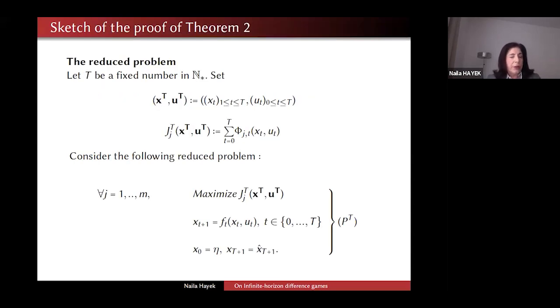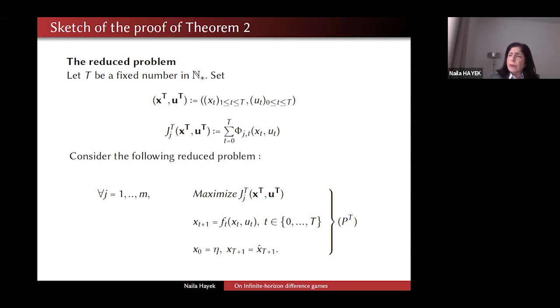To show a little how these hypotheses enter, I decided to give a quick sketch of the proof of the second theorem, since this one involves only the Fréchet differentiability and the class C1 of the function. So it will be a little easier to look at. So let T be a fixed number.